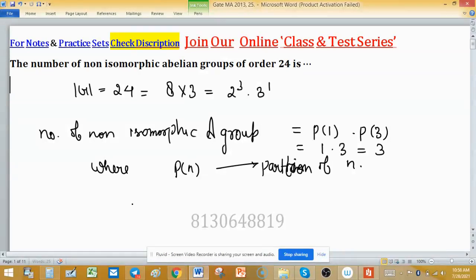So in general, if the order of a group can be written as p1^n1 times p2^n2, and so on, then we have to take the partitions of the powers of the primes.